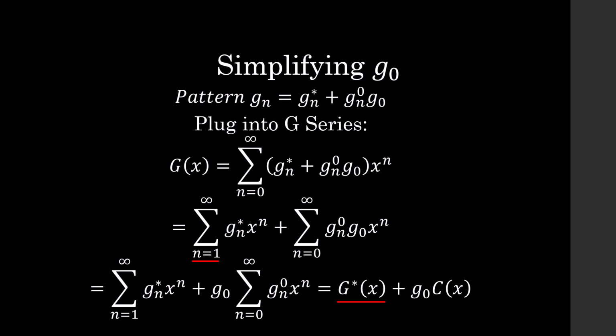It is important to note that this g star is of order 1 in this case, where it'll start with x to the power of 1 rather than x to the power of 0. This will be important for later.